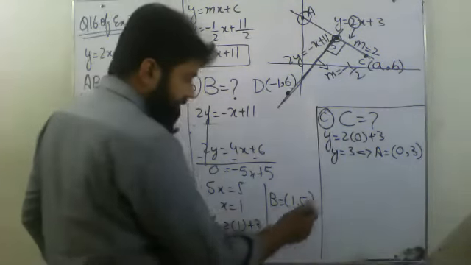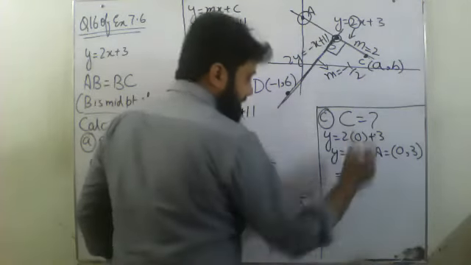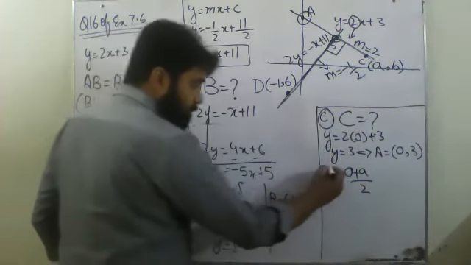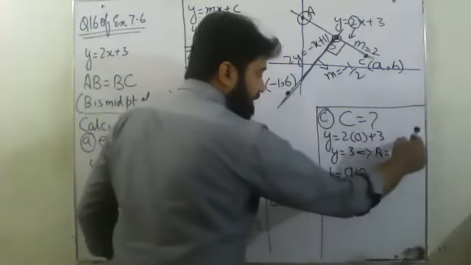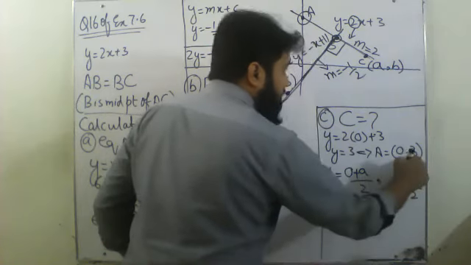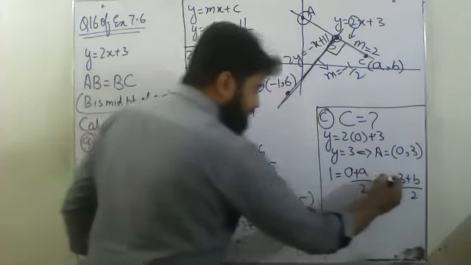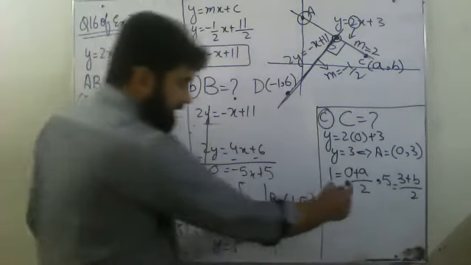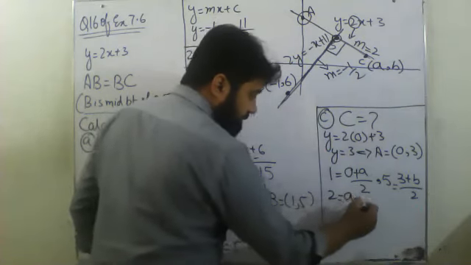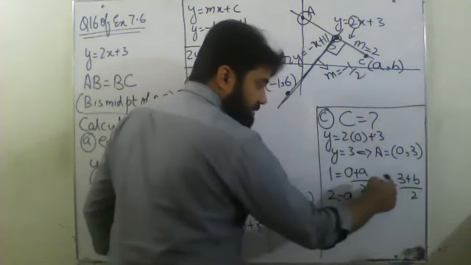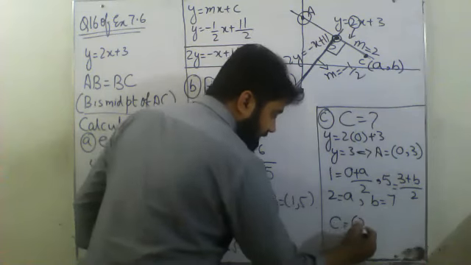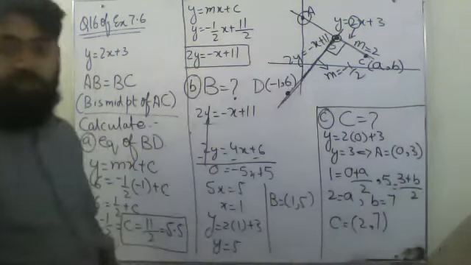So how do we take the midpoint? 0 plus a, divided by 2, equals 1. In the same way, 3 plus b over 2 equals 5. So when I shift it, 2 ones are 2, so a equals 2. And 5 twos are 10, minus 3, b equals 7. So the answer for C is 2, 7, and that's your final answer.